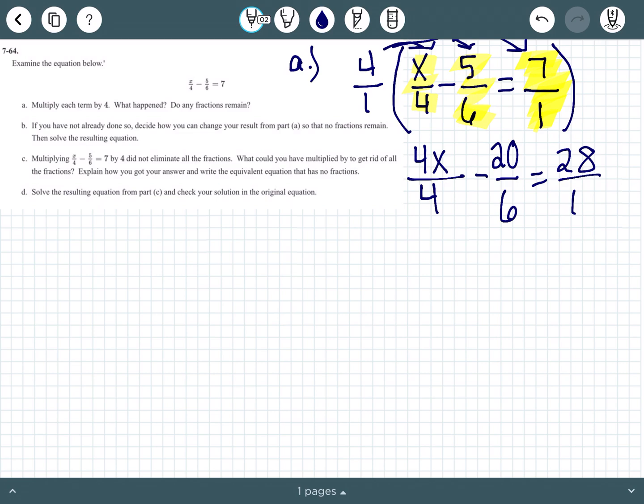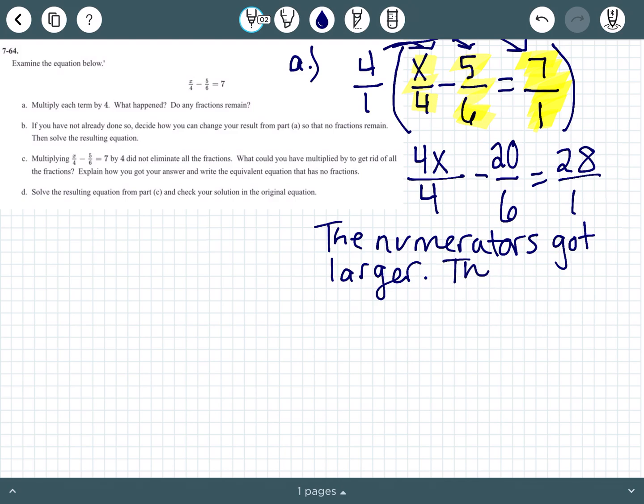Now it says what happened and do any fractions remain. So what happened is the numerators got larger.